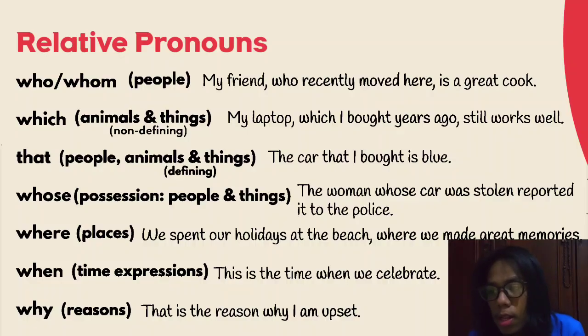Next we have when. When is used for time expressions. For example, this is the time when we celebrate. And last we have why, to show reasons. In the example, that is the reason why I am upset.